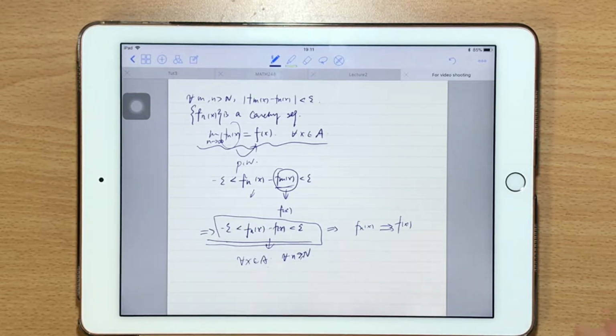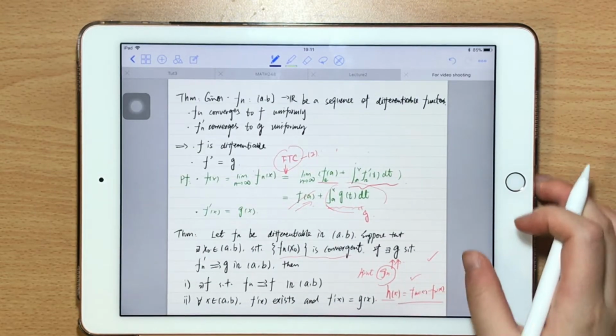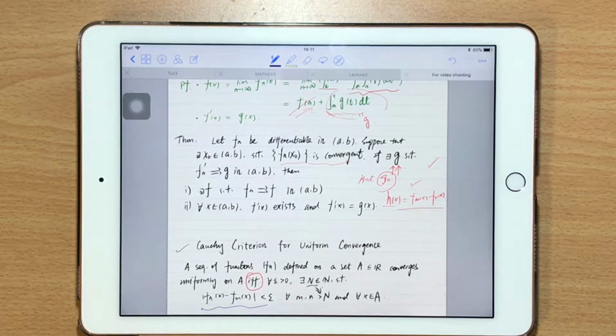So now let's move on to the fourth theorem. It says, let the sequence of functions f_n be all differentiable in (a,b). So in fact, f_n are all continuous in (a,b), because differentiability implies continuity. Then suppose there exists some point x_0 in (a,b) such that f_n(x_0) is convergent. f_n(x_0) is now a sequence of values, because we have fixed an x_0.